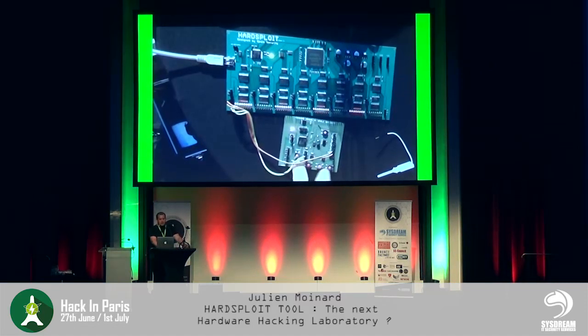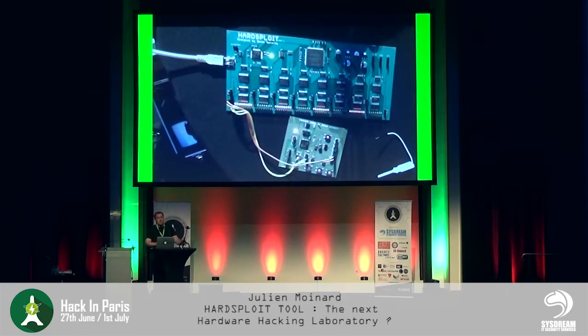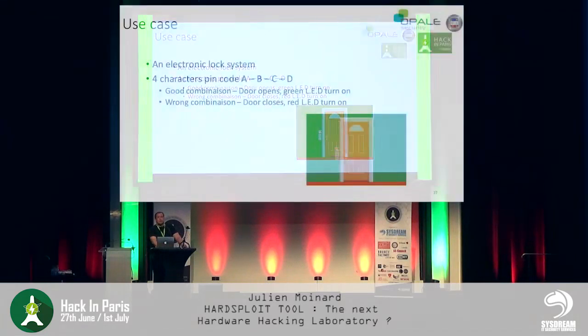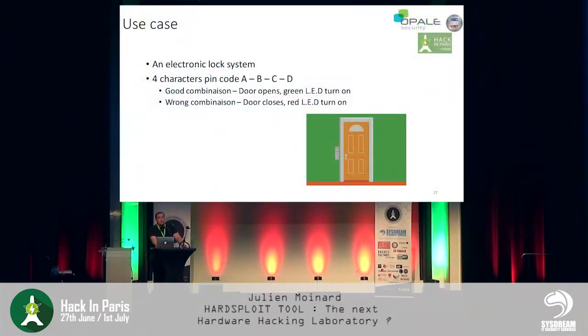When you put in a code, you get a red light, excuse me. And when you put in the good password, you get a green light on the left. Okay? So the goal is to hack or audit the system, and you need to put in A, B, C, D to open the door, or something else. You need to find the password.